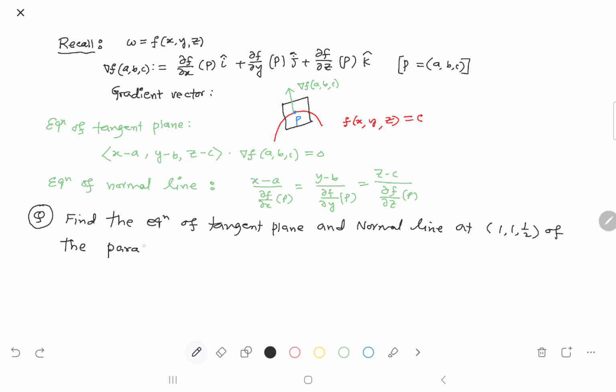The surface is called a paraboloid, and it is given by z equals 1 minus 1 over 10 times x squared plus 4y squared.